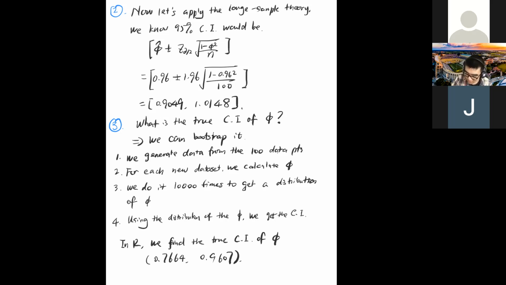Okay, so you can compare the true confidence interval and the confidence interval from the large sample theories. They are very, very different. And actually the overlap is very small, right? So that means if we apply the large sample theory here, the 95% confidence interval we get is actually not correct or not reliable.